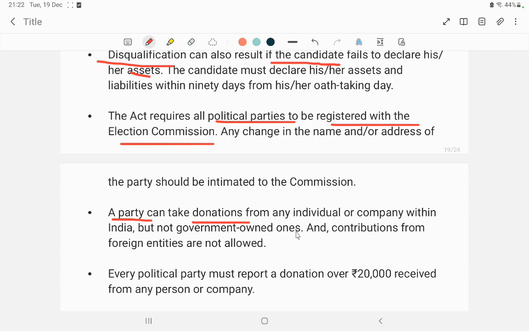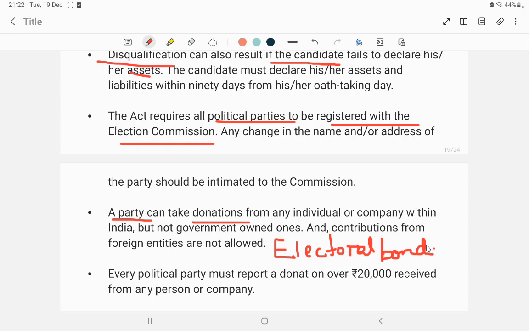So donations are made in terms of electoral bonds. For example, a company gives money to a political party as a donation, so it can give. And the nodal bank, the bank responsible for electoral bonds, is what? The State Bank of India.